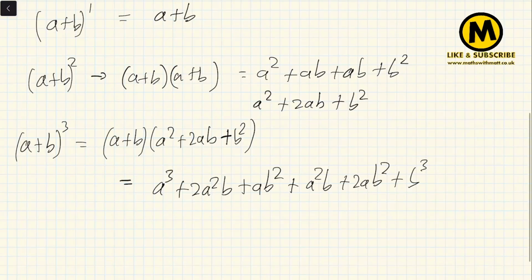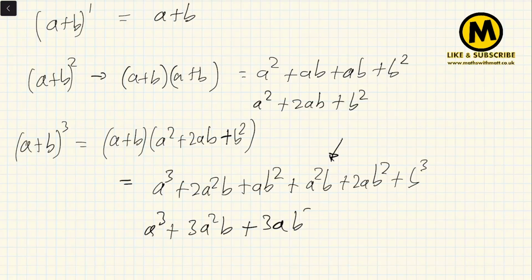And then we have to tidy up, so we've got a cubed plus 2a squared b, but we've still got an a squared b there, so that makes 3a squared b. And then we've got a 2ab squared plus an ab squared, so that's plus 3ab squared plus b cubed.